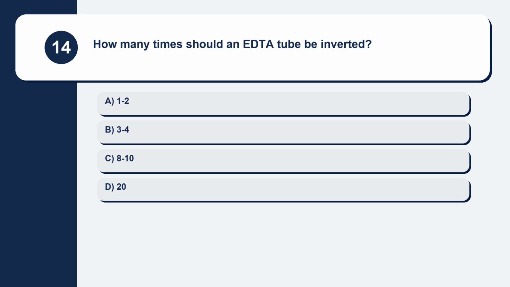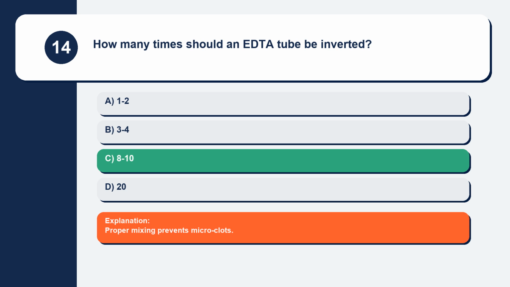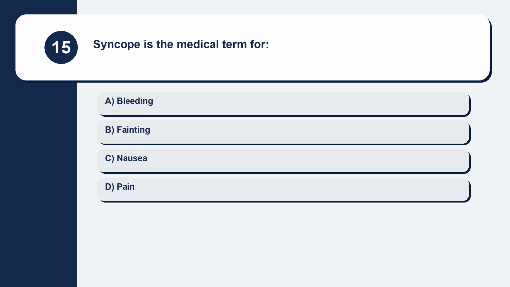Question 14. How many times should an additive tube be inverted? 1-2, 3-4, 8-10, 20. Proper mixing prevents microclots. Question 15. Syncope is the medical term for bleeding, fainting, nausea, pain.